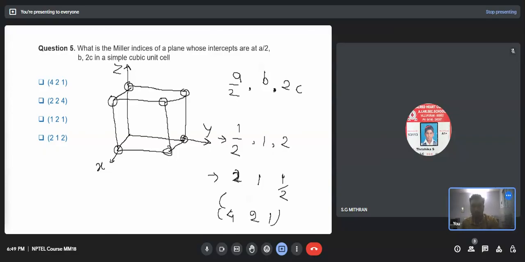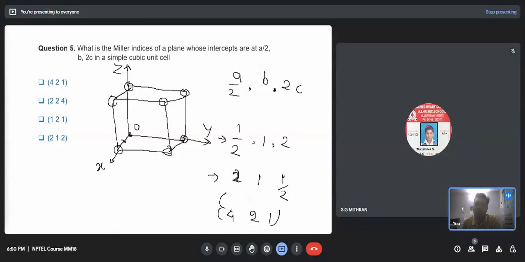For a by 2, b, and 2c, I'll write down how it will look. Here we are considering this part as the origin, and the x-axis is intersected at a by 2.